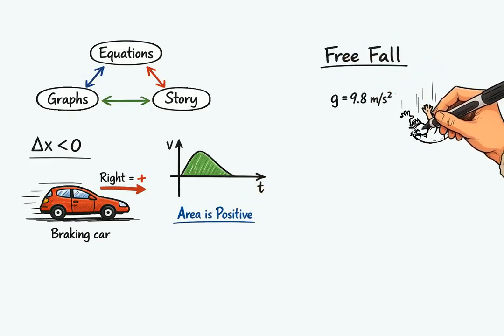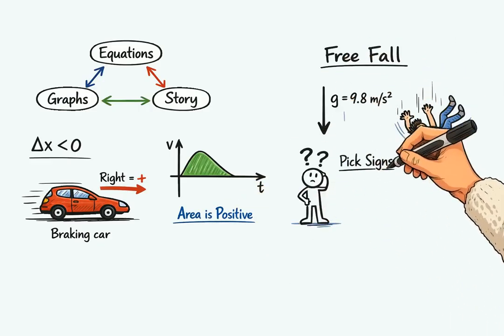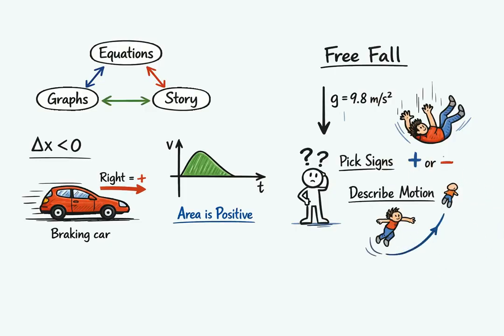If your algebra says a braking car has delta x less than 0, even though you defined right as positive and the car never reversed, the area under the v-t graph tells you something went wrong, because the graph stayed above the axis, and the signed area must be positive.